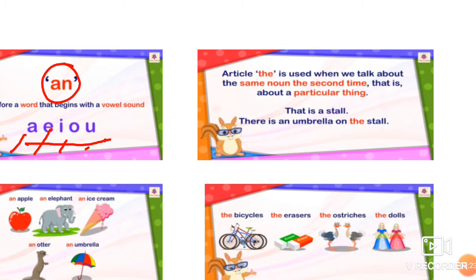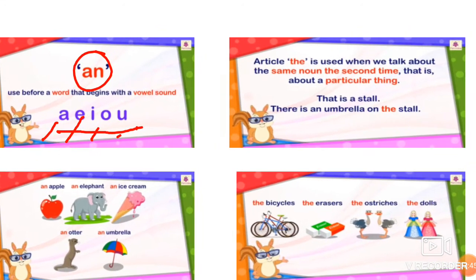There is a boat in the river. The first time, boat came, so we'll write a boat. Now again I want to write about the boat: the boat is very big. Now I won't write a. Second time I'm repeating the same word boat, so I'll write the. First you have written a, now the.